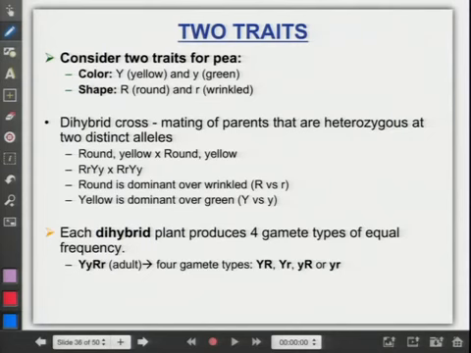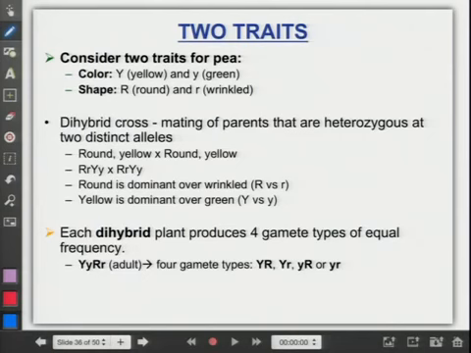I need to keep track of these. Some of them will be easy, and I'll tell you the genotypes. You'll get the phenotypes and the genotypes. You just have to do the cross. The other ones, you'll get the phenotype. You have to figure out the genotype of at least one of them, or heterozygous at both traits. What does that mean? Big T, big R, little r, right? Homozygous for tall, heterozygous for color.